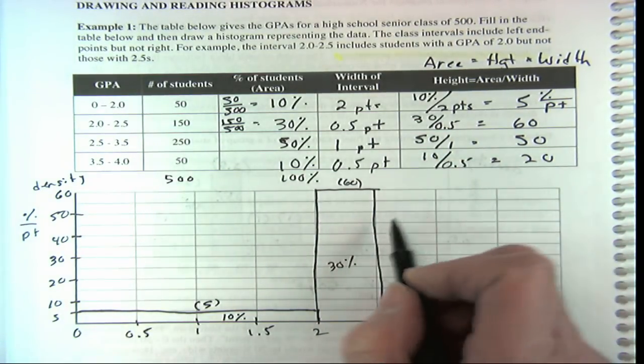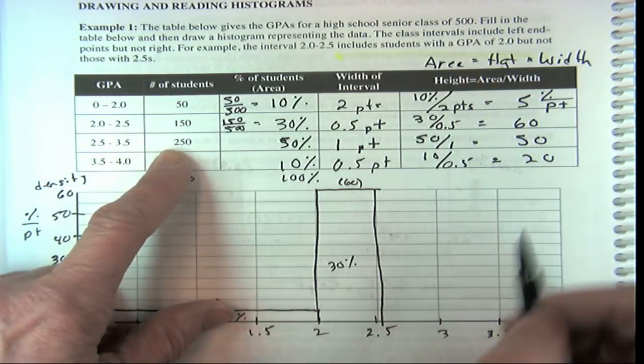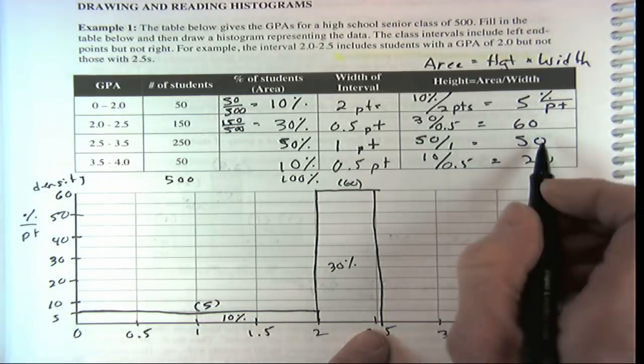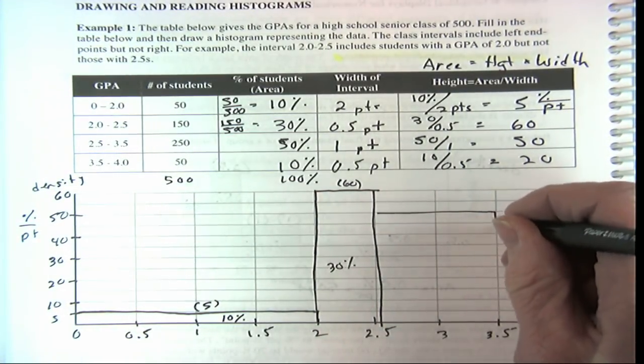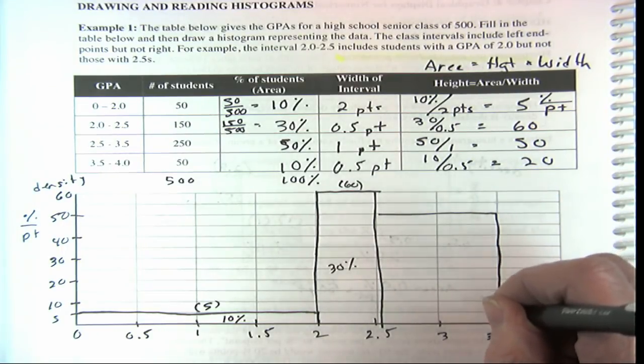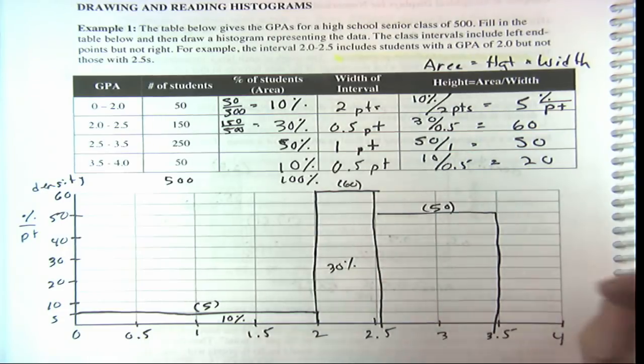And our next one goes up to 50, right? It goes from 2.5 to 3.5, and it goes up to 50. So right there. And that's 50%.